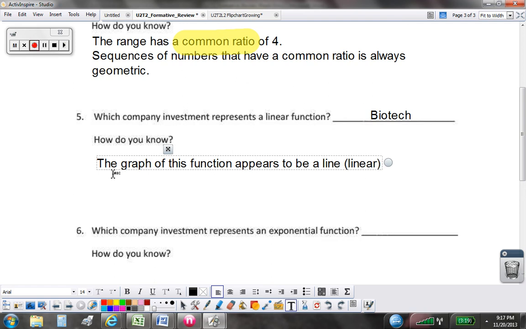Also, arithmetic sequences always produce linear functions.